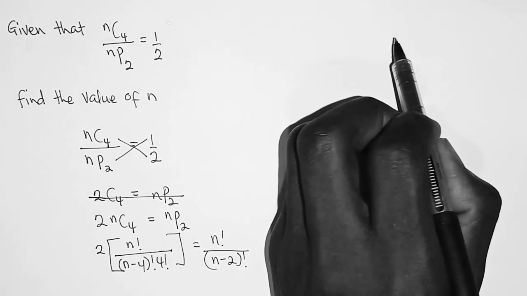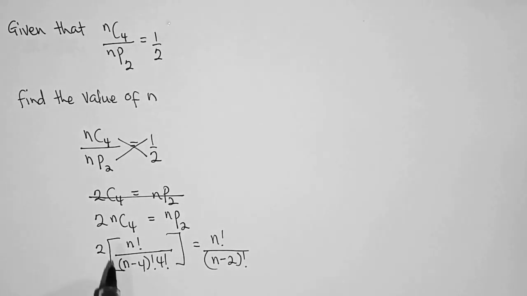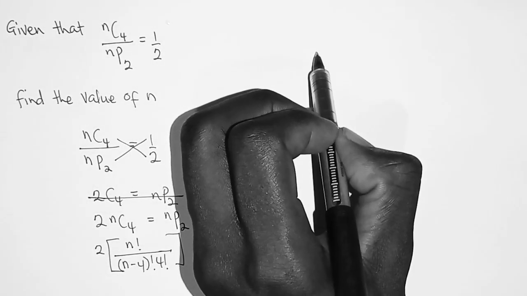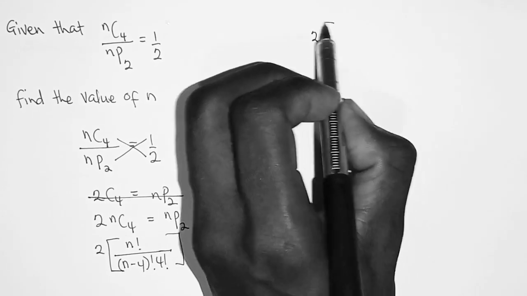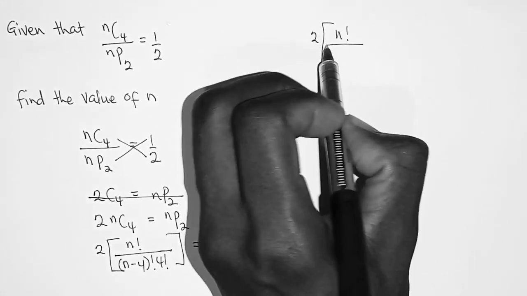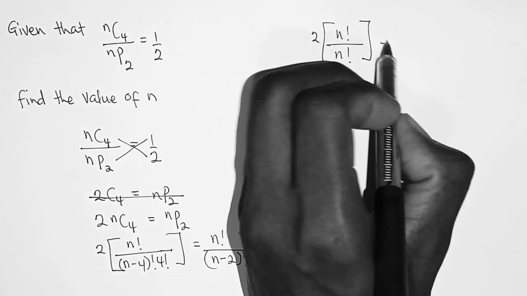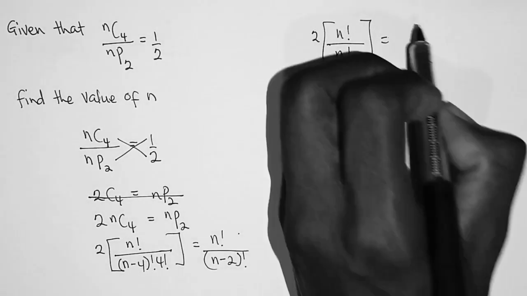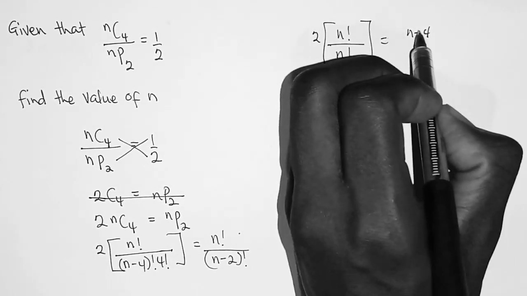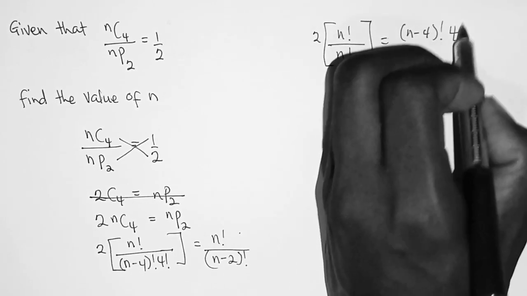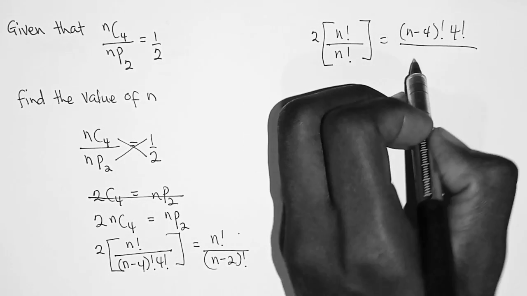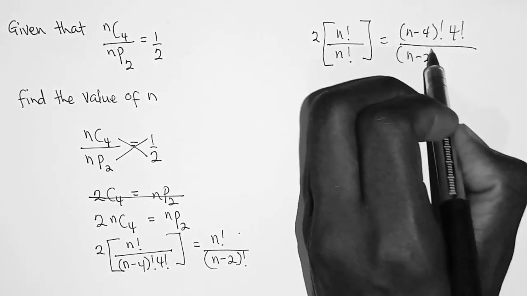Now let's continue from this side. So I want to bring the n factorial down here and take n minus 4 factorial to this place. So it becomes 2 times n factorial divided by n factorial equals, then we take this one here, n minus 4 factorial divided by n minus 2 factorial.